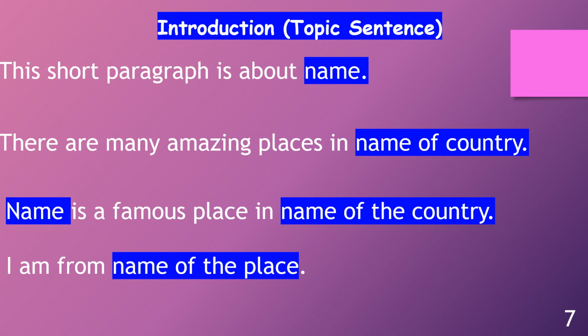I am from Muscat. I am from Sohar. I am from Ibri. Like that. So in general about any place, choose number 1. About any special place or a famous place, choose either number 2 or number 3. And if you are writing about your hometown, choose number 4.